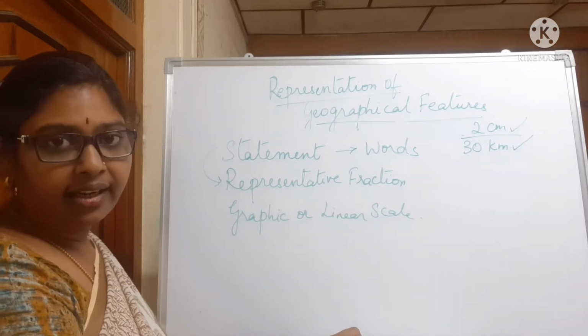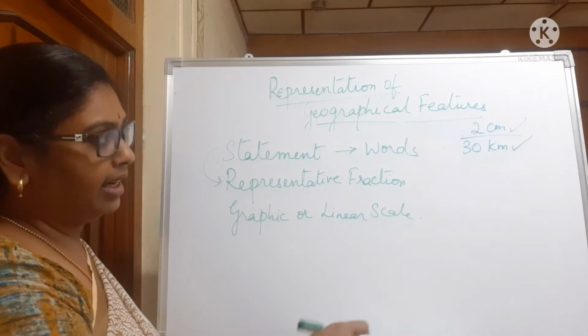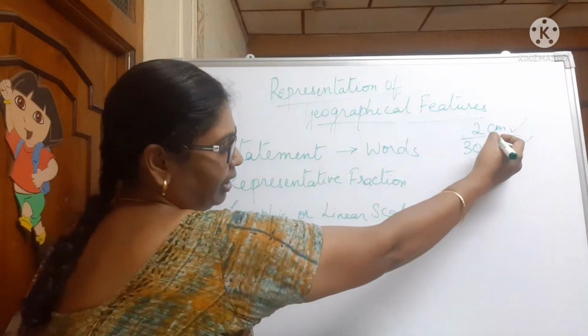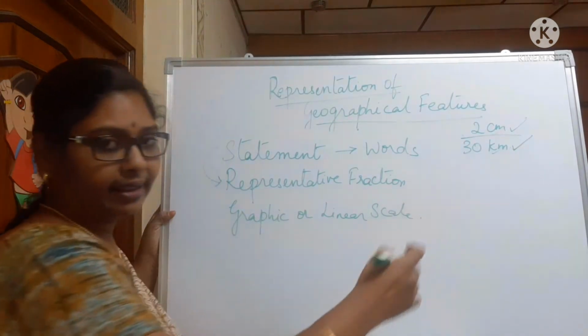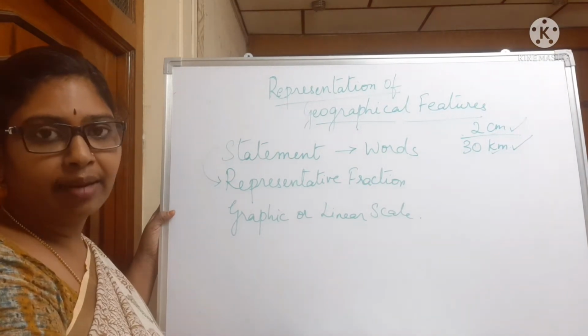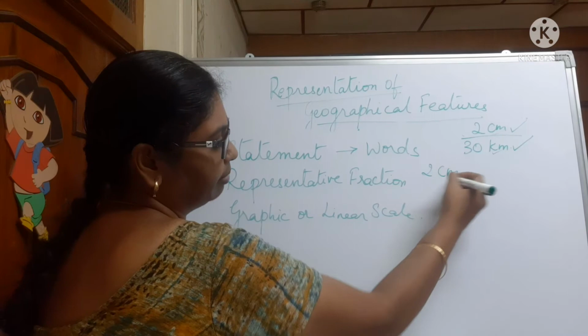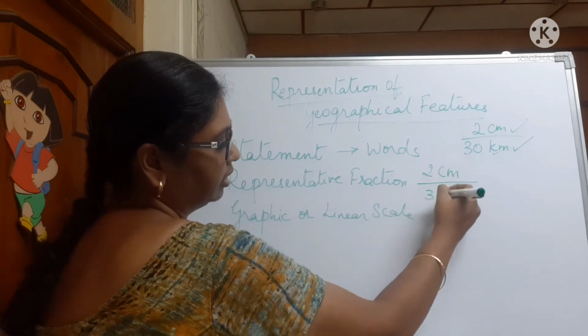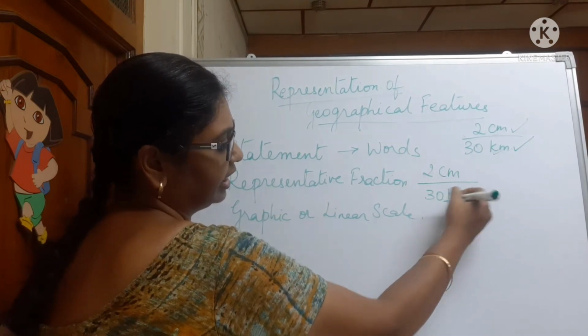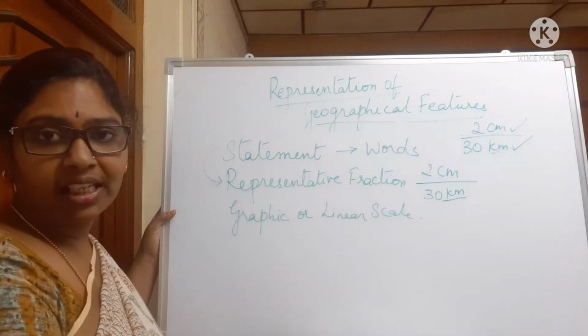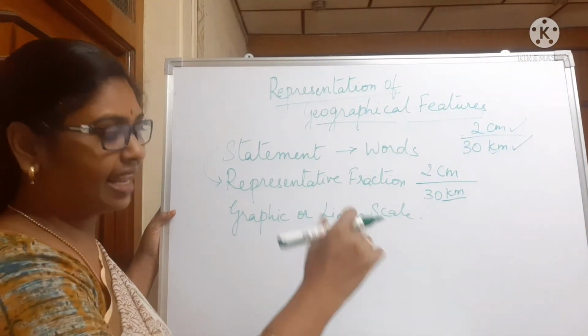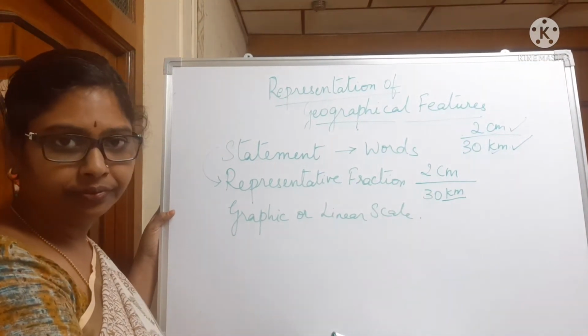But one thing which has to be kept in mind: the numerator and denominator should be in the same unit. So it should be written like 2 centimeter by 30 kilometer. This 30 kilometer should be changed into centimeters and then it has to be written.